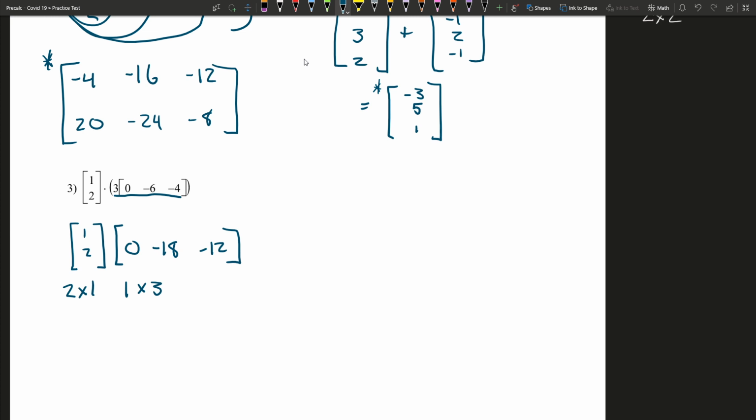And then to see if they're even able to be multiplied together, the first thing that needs to be true is these two numbers need to be equal. If those two numbers are equal, then there is a defined product. Okay? And our product's new matrix is going to be the outer two terms. So we're going to have a 2 by 3 matrix, a 2-row by 3-column matrix.